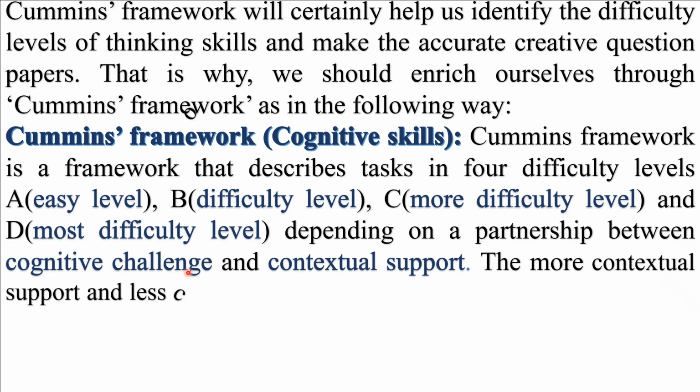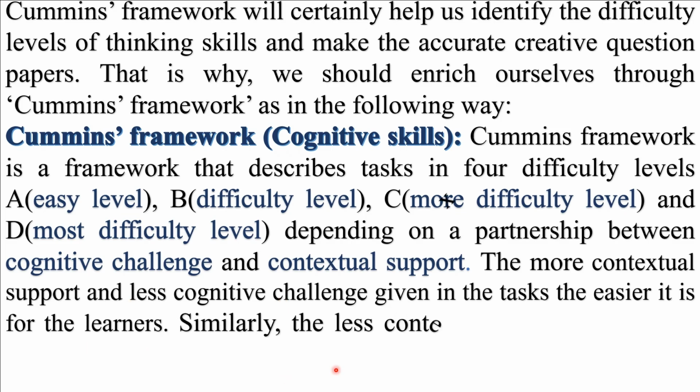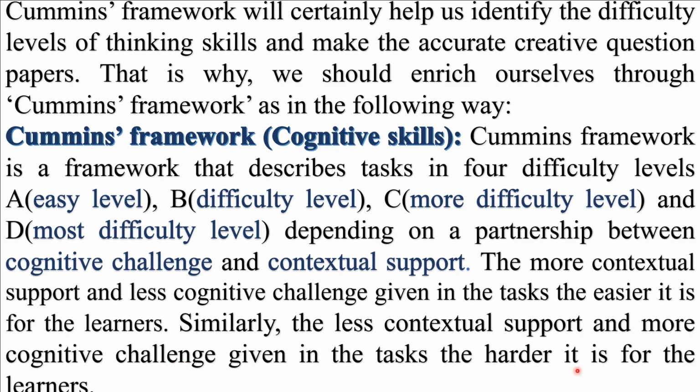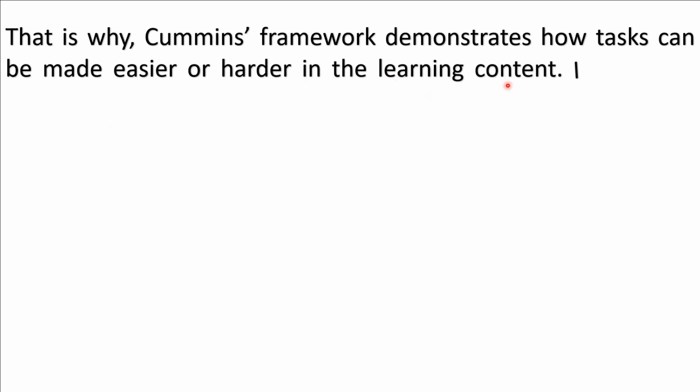The more contextual support and less cognitive challenge given in the tasks, the easier it is for the learners. Similarly, the less contextual support and more cognitive challenge given in the tasks, the harder it is for the learners. That is why Q-means framework demonstrates how tasks can be made easier or harder in the learning content.